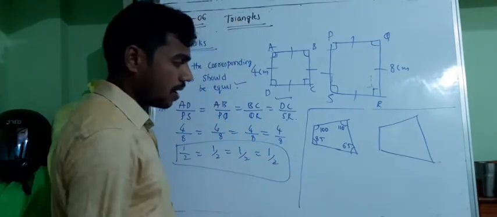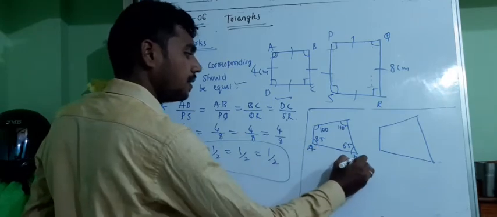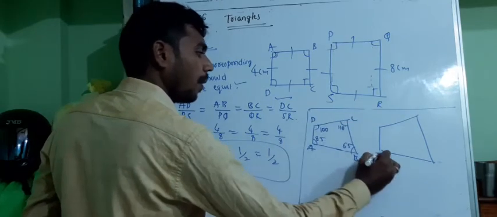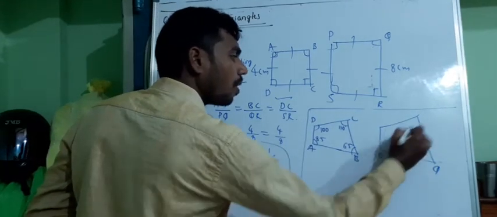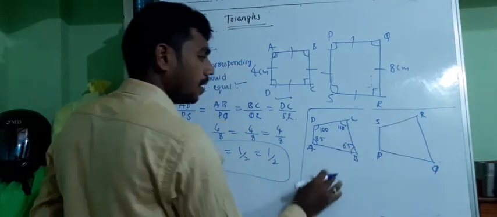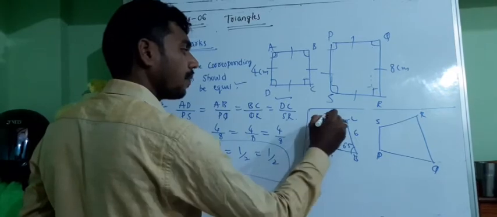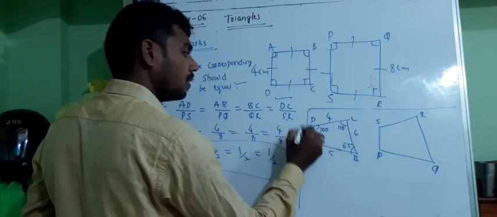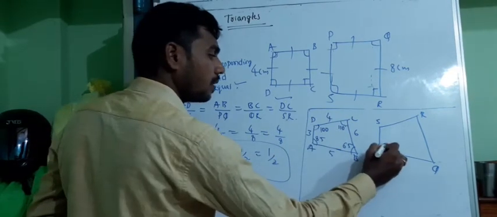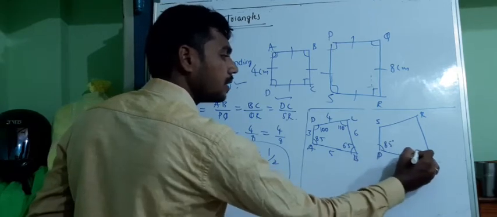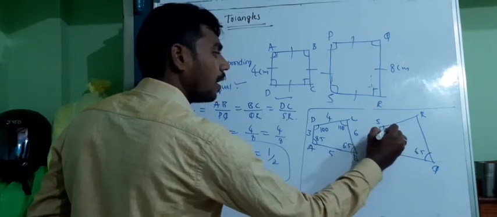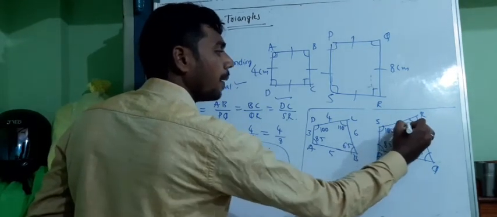This is another quadrilateral. This is A, B, C, D, P, Q, R, S. The dimensions are 5, 6, 4, 3. And here the angles are 85, 65, 100, 110.